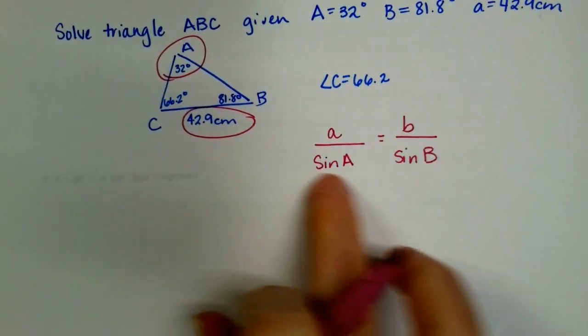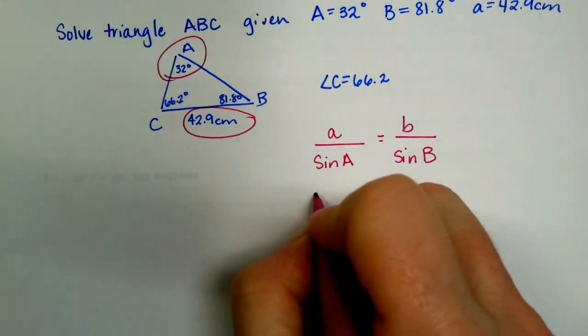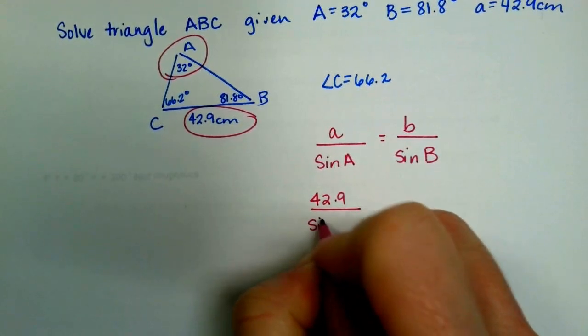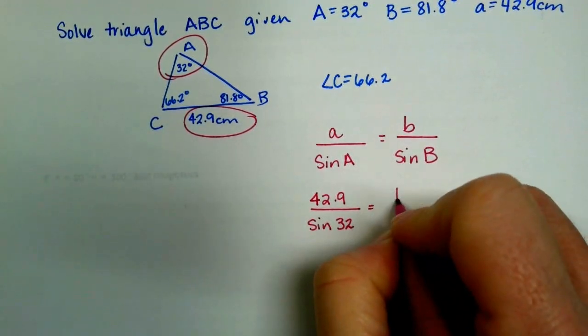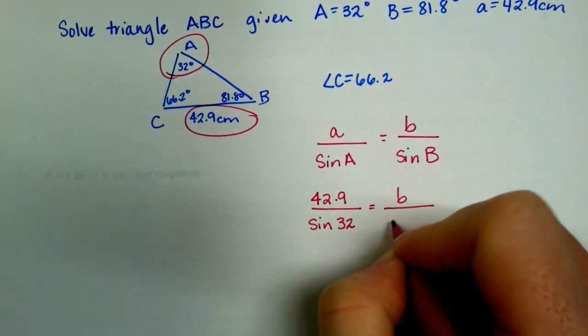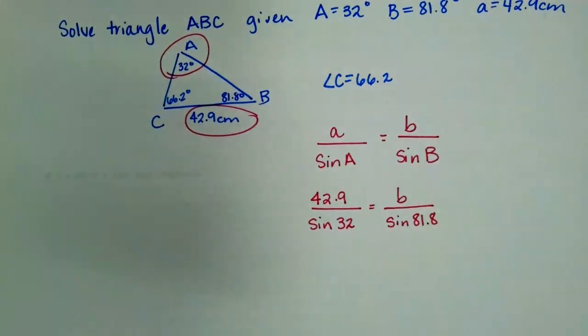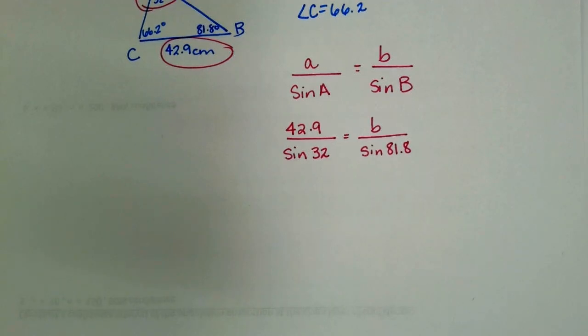So this is the version of law of sines I'm going to use. So 42.9 over sine 32 equals B, because that's what I'm looking for, over sine 81.8. Now, all you're doing is algebra to solve for B. So we're going to do all the algebra first and then put it in our calculator at the end.